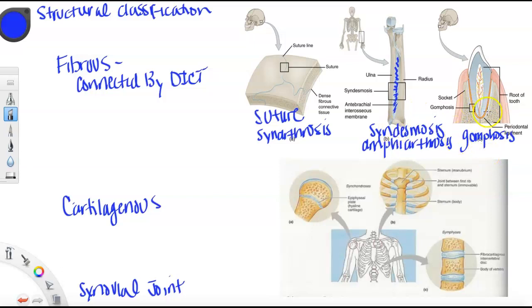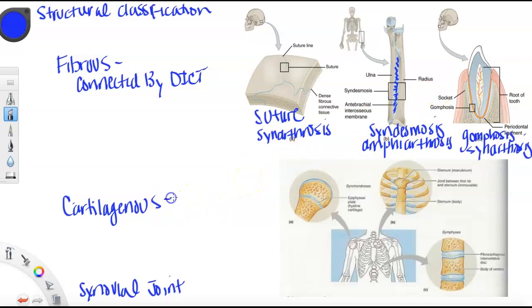And hopefully your teeth aren't moving around. These are synarthroses as a gomphosis. Okay, so we have these structural classifications, and then we can still put them in the functional categorization or classification as well.